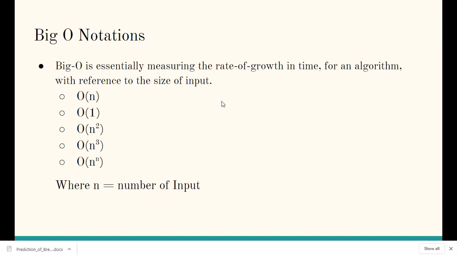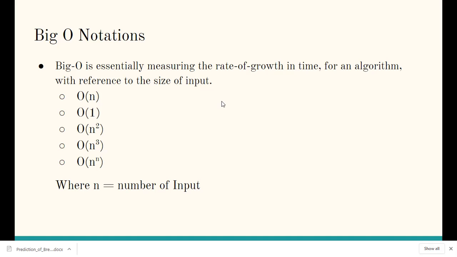How about if we increase the number to 100? Now it will take more time. And if we keep increasing the numbers, it will take more and more time to solve the problem. So Big O notation measures the rate of growth in time, that is, how your solution behaves as the input increases.